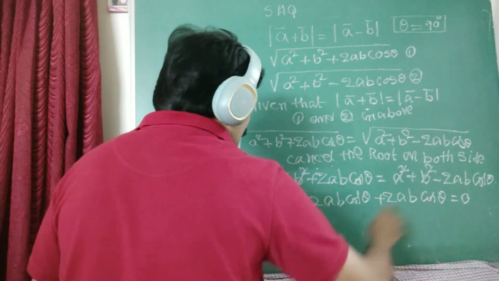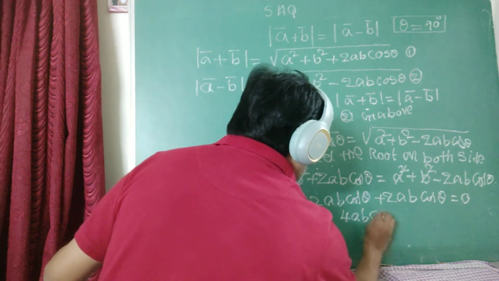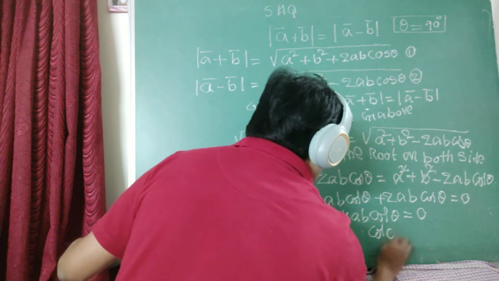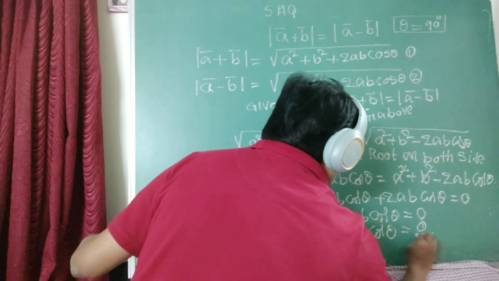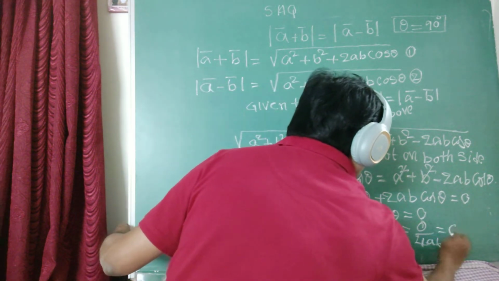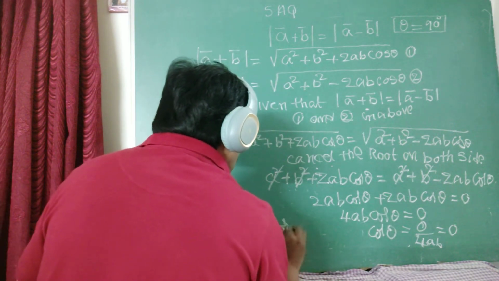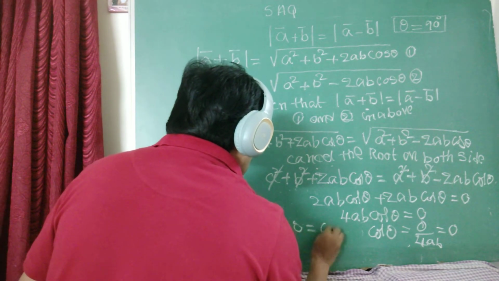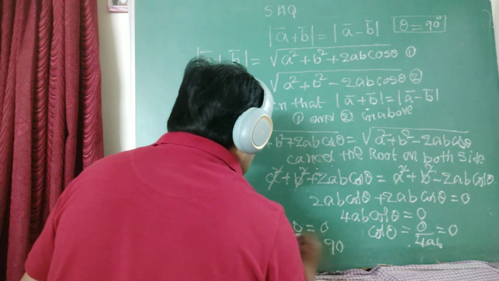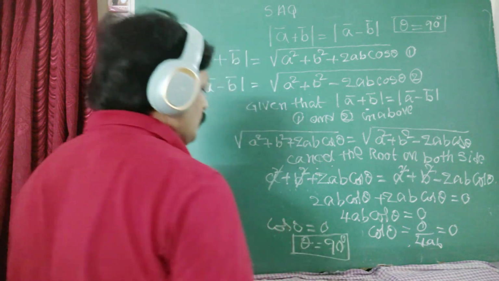Both are the same terms, so they can be added, giving 2ab cos theta equals 0. From this, cos theta equals 0 by 4ab, and 0 by any value equals 0. When does cos theta become 0? Theta equals 90 degrees. This is the way to attempt the answer for this question.